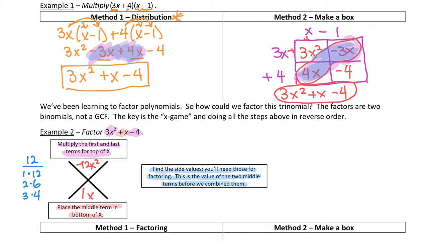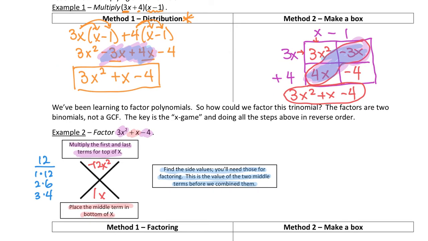I want those to combine so that when I add them, or in this case subtract them, because I'm looking for that negative 12, it's going to be the 3 and the 4. So I need a negative 3 and a 4. So negative 3x and 4x. These are the two terms that are important.